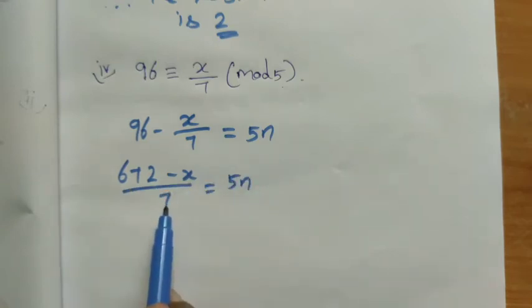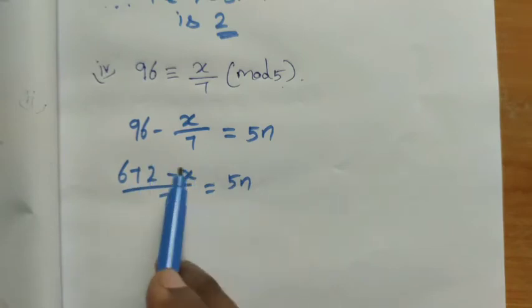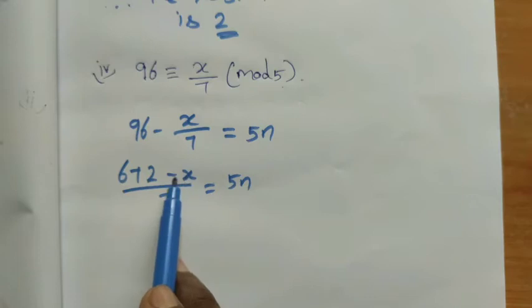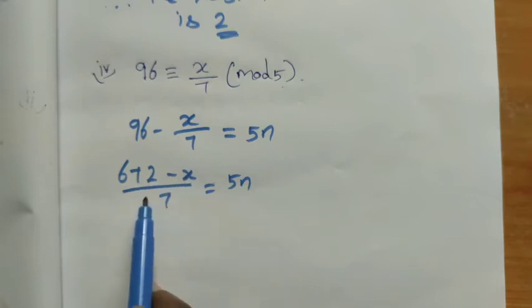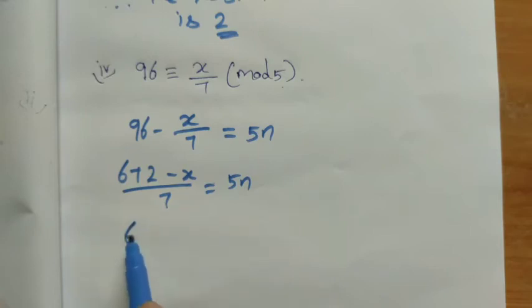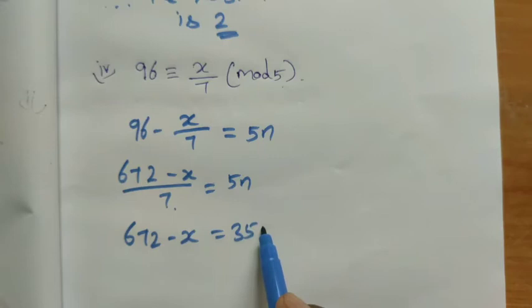Otherwise we take this 7 to this side, 67 minus x is equal to 35n. So this number is exactly divisible by 5.